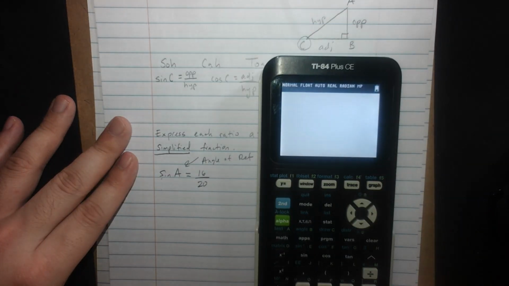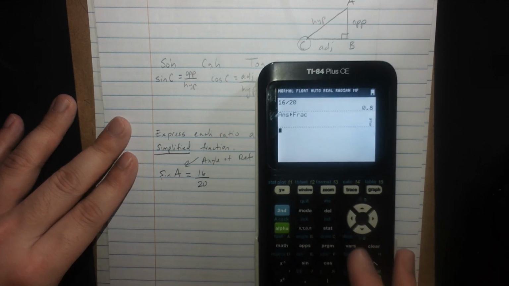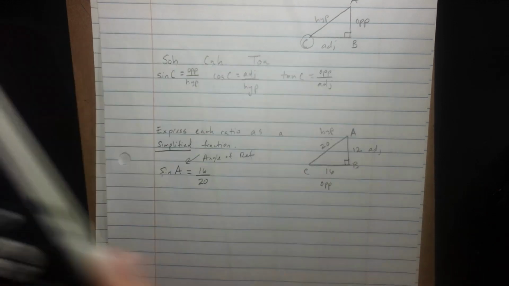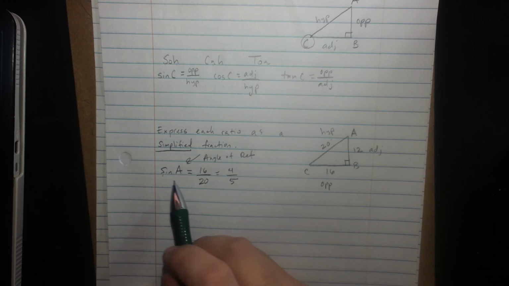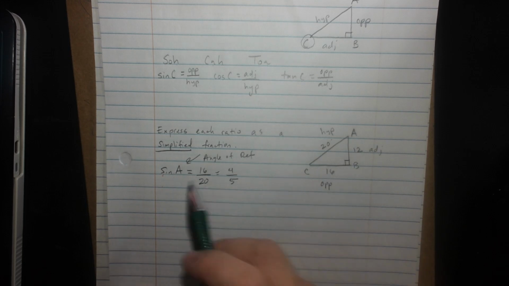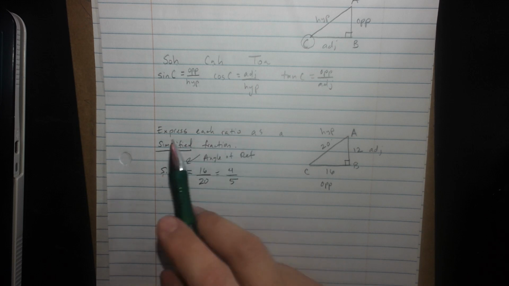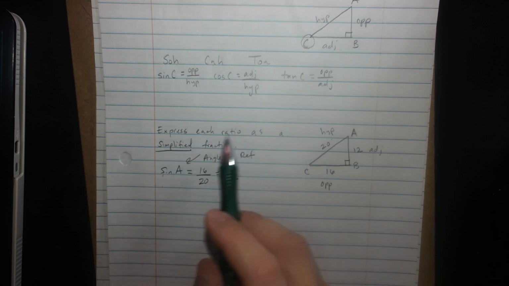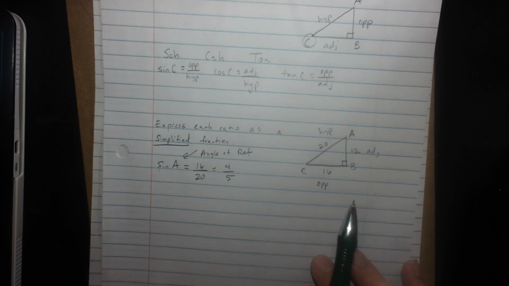Or you can use your calculator and input 16 divided by 20. Press math, enter, enter, and you will get your simplified fraction. So that's just going to be 4 over 5. So sine of A, based on this problem, is 4 over 5. And make sure that you're reading the directions. It says express each ratio as a simplified fraction, and you're just going to do it based on that, okay?